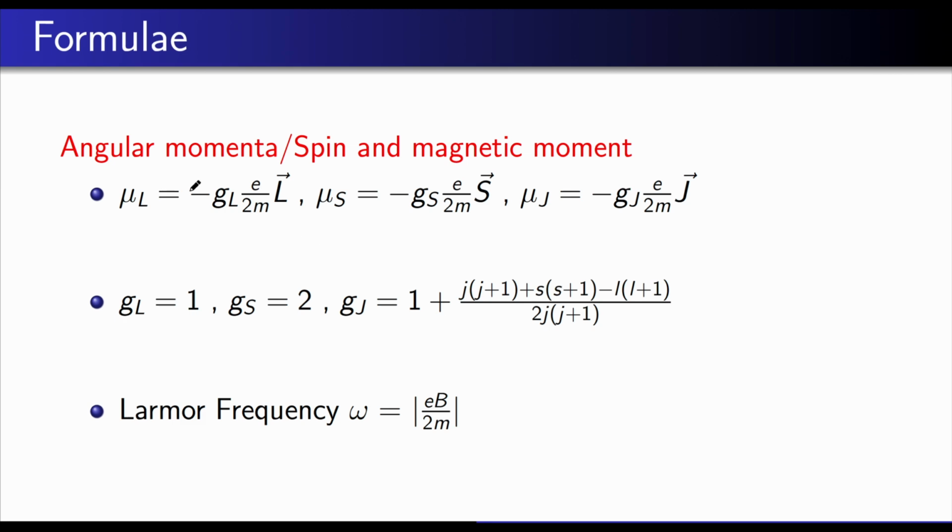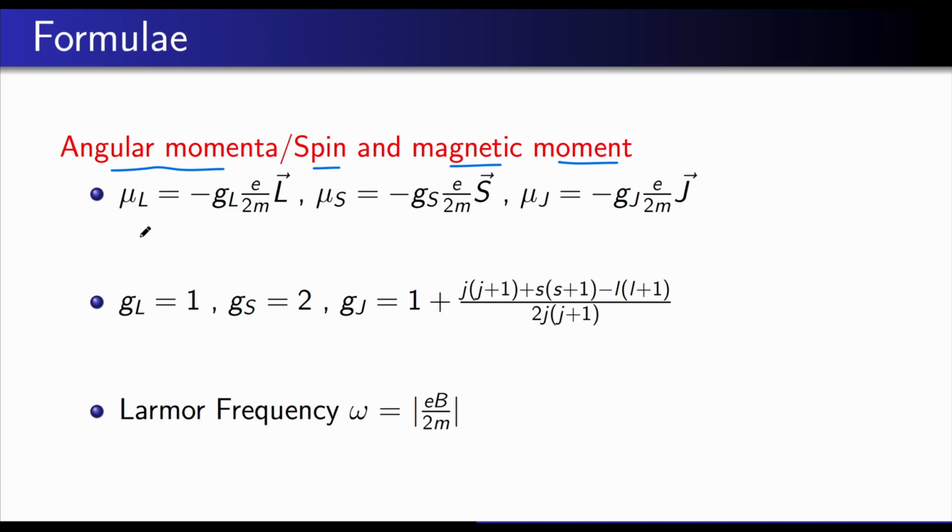Now we go to what is called the magnetic moment. When there is angular momentum, like orbital angular momentum, or you have spin, then we can associate a magnetic moment because it's the electron that is spinning or participating in the orbital angular momentum.